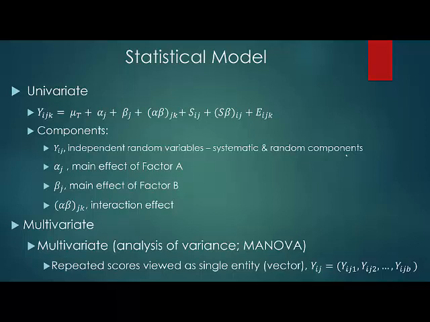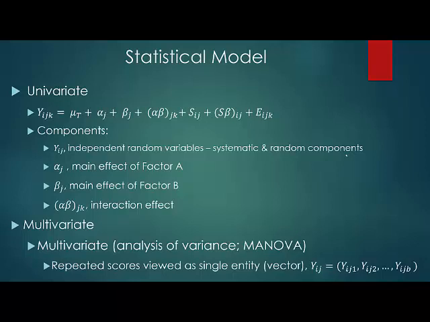And they're going to be a function both of who they are, what populations they belong, where they stand on factor A, where they stand on factor B, the interaction between factors A and B. We're going to have also factors associated with the person themselves, as well as how that person interacts with each of the repeated measures.